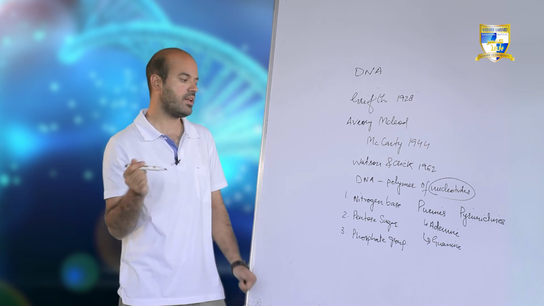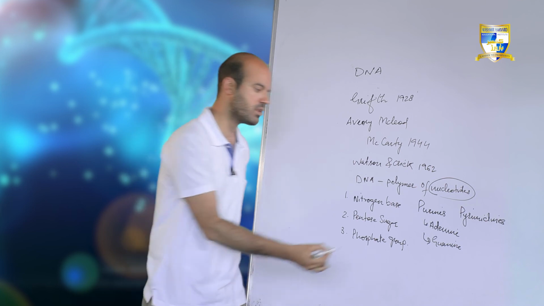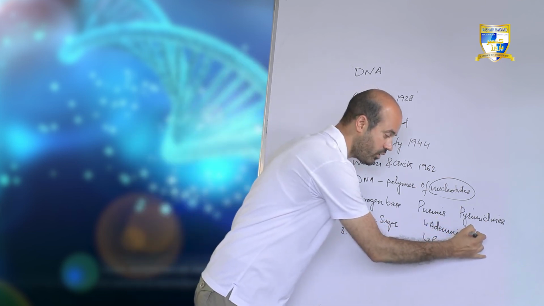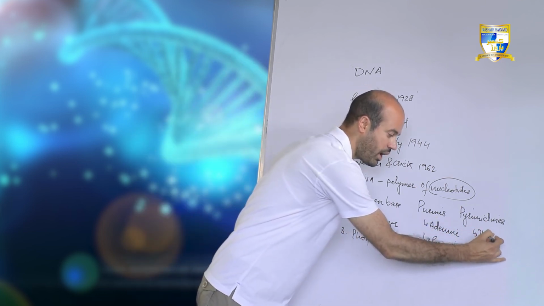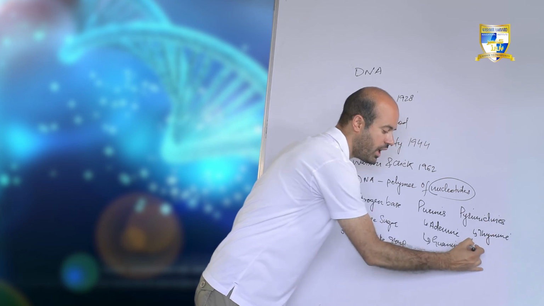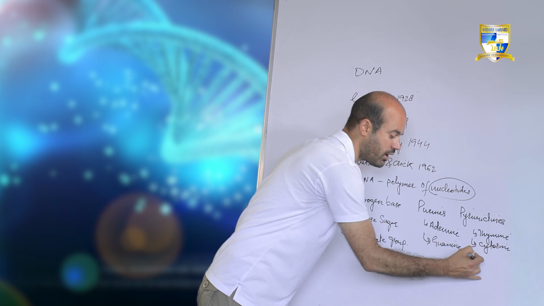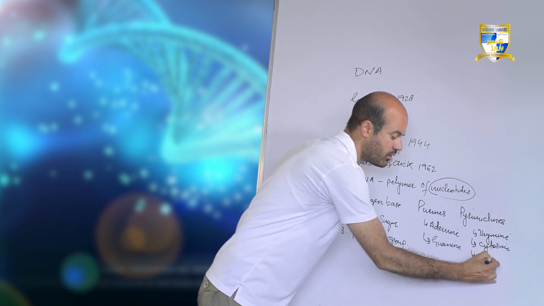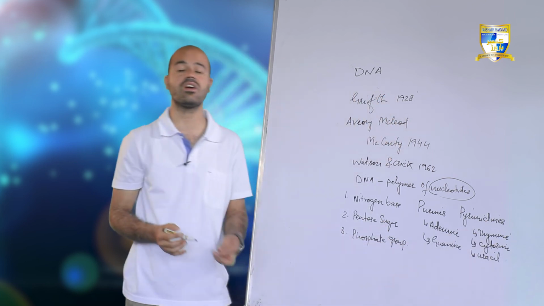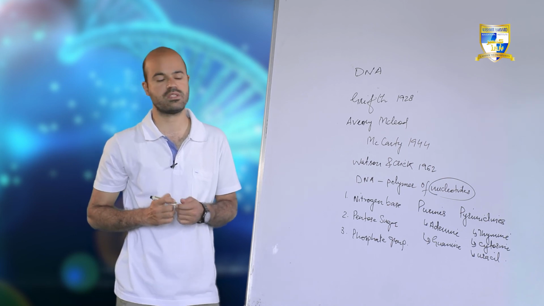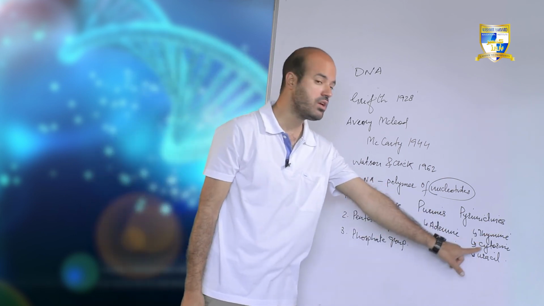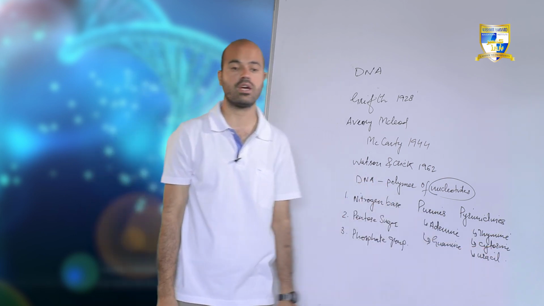Pyrimidine is of three types: thymine, cytosine and uracil. All three are single ringed nitrogen bases.